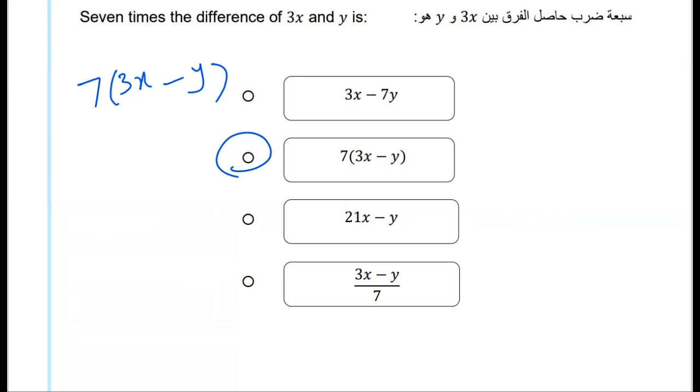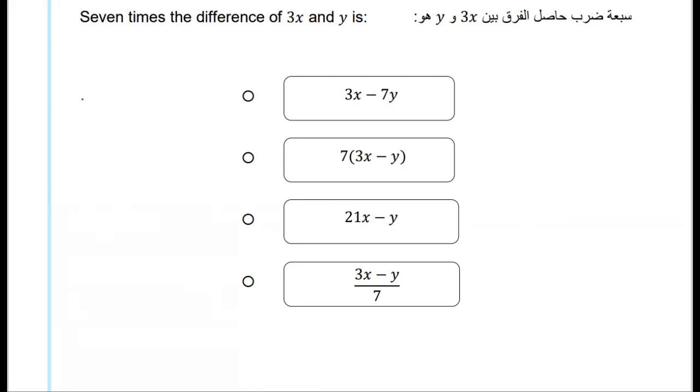Now pause the video and try to figure out a similar question. You can note it down. For example, one half times the sum of 4y and x.